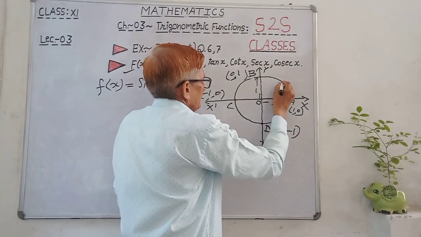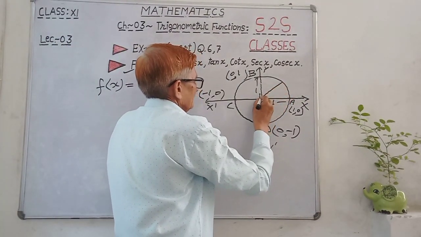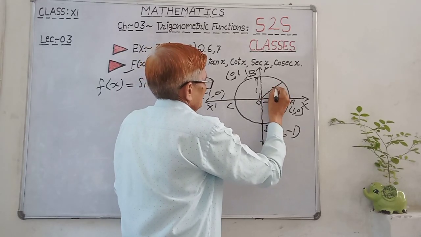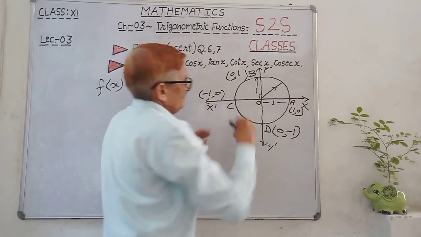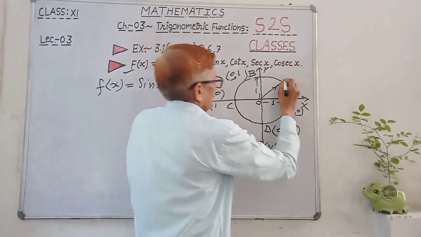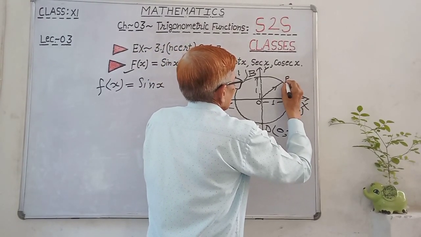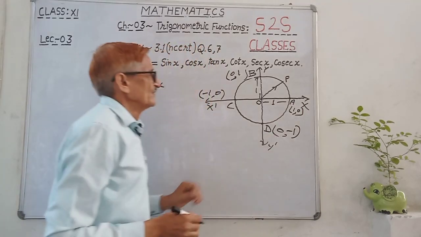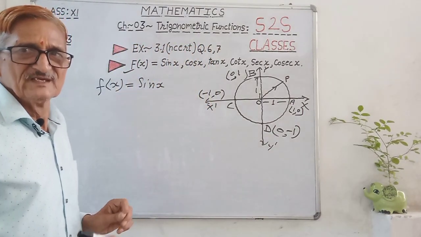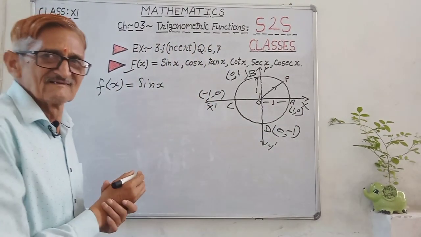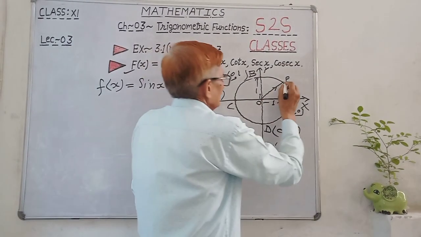Let us suppose anywhere this ray revolving about the OA ray, as I told you, ends at point P.